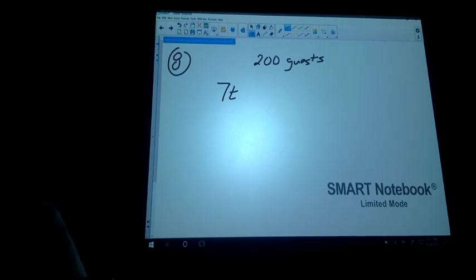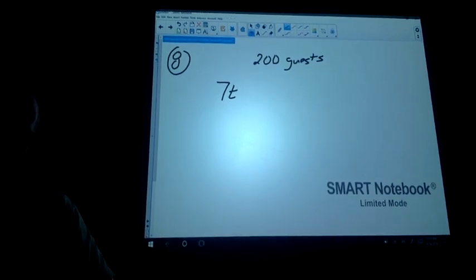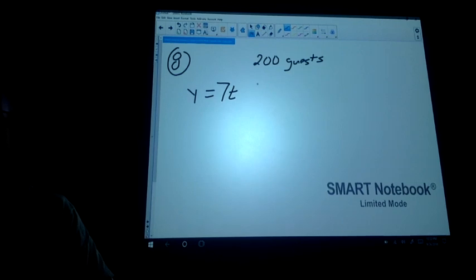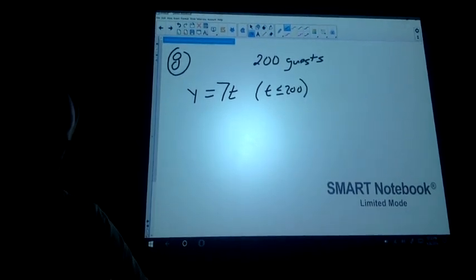All right. So you can't sell more than 200 tickets, right? So I'd say y equals 7t, and I guess you could say, tickets has to be less than or equal to 200 because you can't oversell it. So I would say this is our function right here.